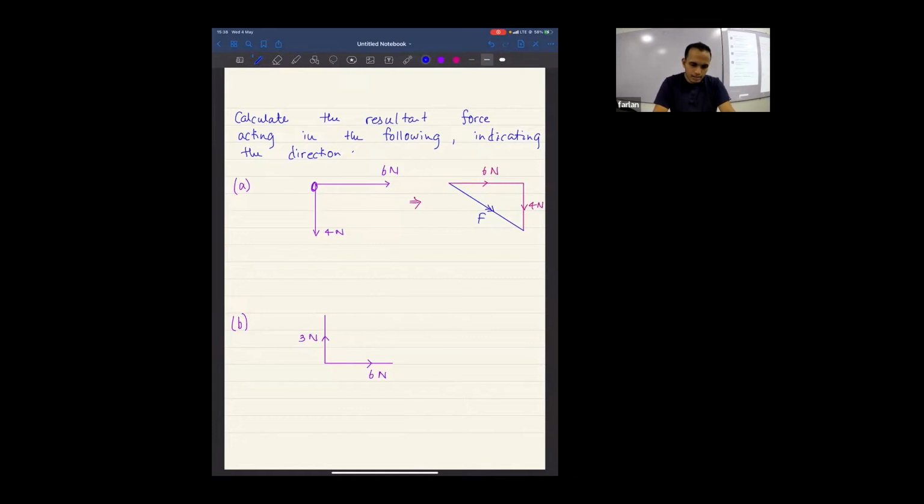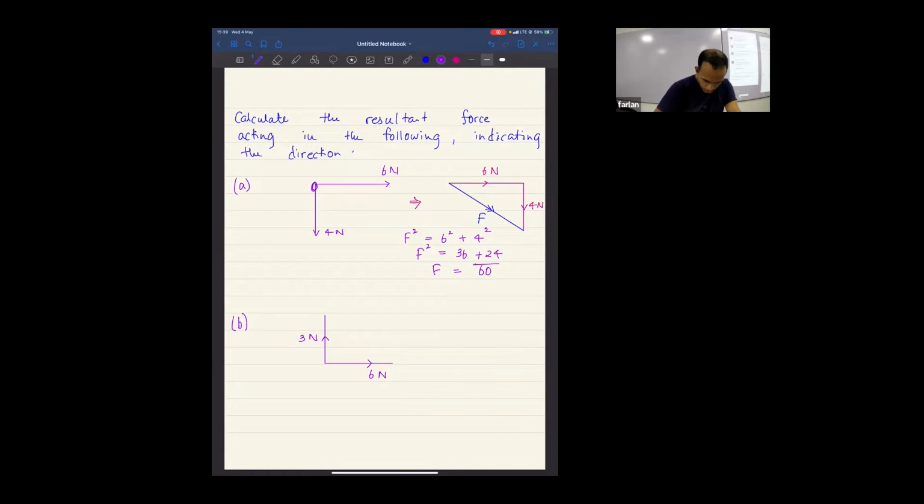Now to find the value of the resultant force, I can use F square equals 6 square plus 4 square. So F square equals 36 plus 24. So F square is equal to 60.